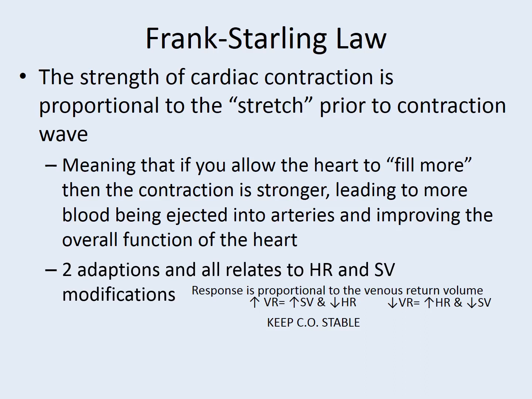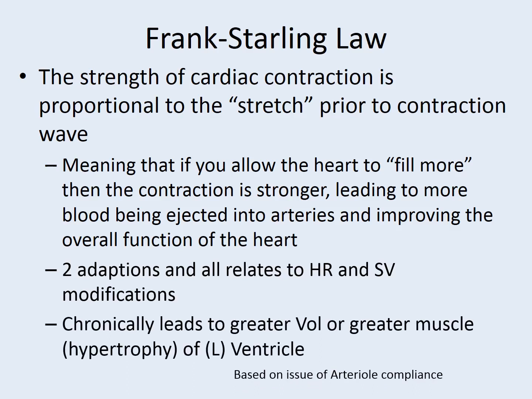In general, an increased venous return leads to an increased stroke volume and a reduced heart rate, whereas a decreased venous return leads to a decreased stroke volume and an increased heart rate, all in an attempt to keep cardiac output stable.